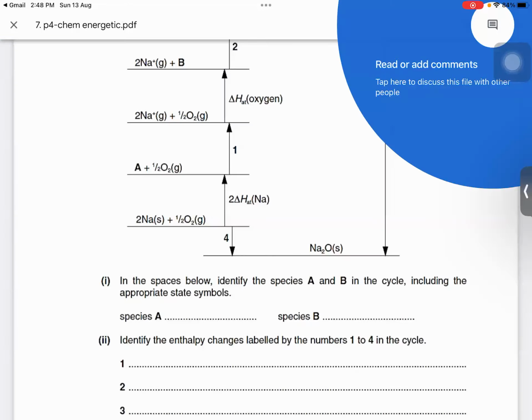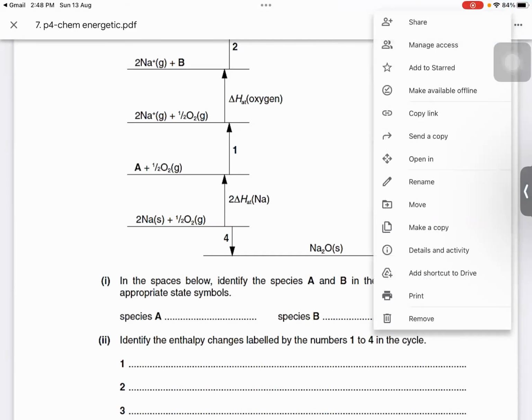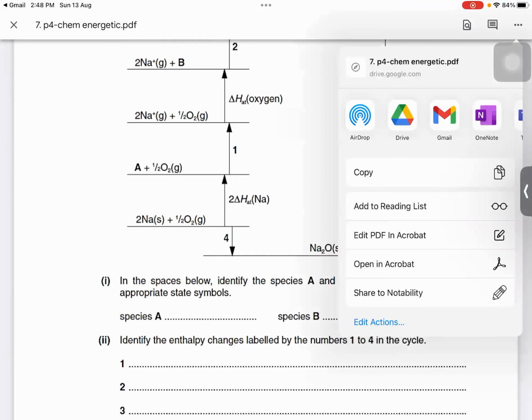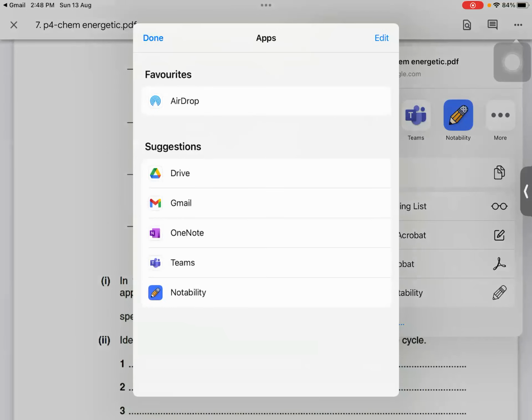You have 2 aluminum, so 2Al, 2Al plus 1, 2Al plus 2, 2Al plus 3. So H1 is 2 times H1, because you have 2 aluminum.